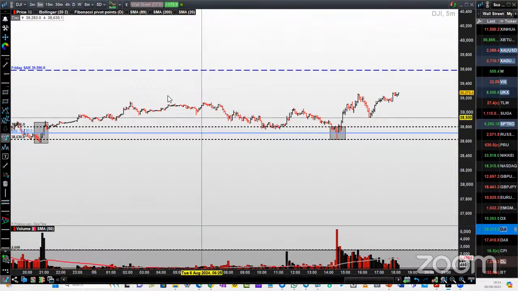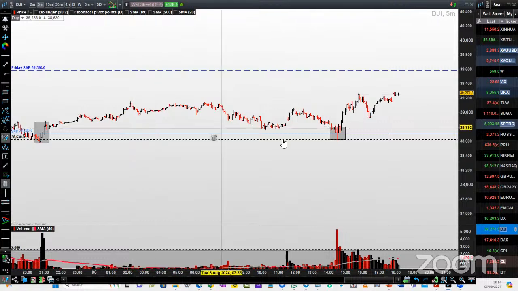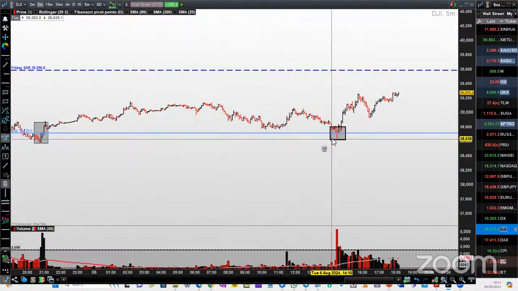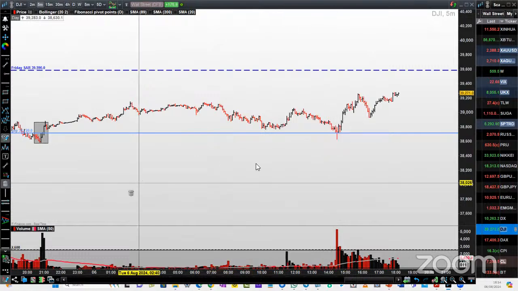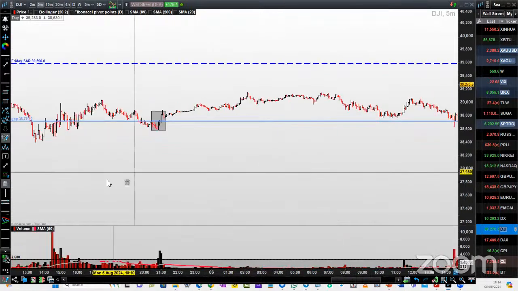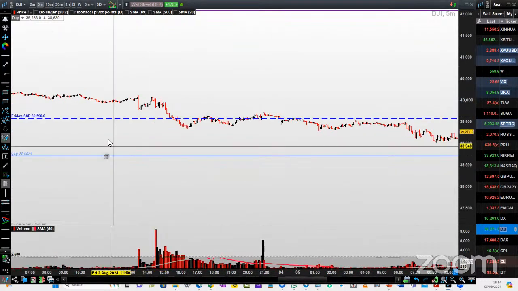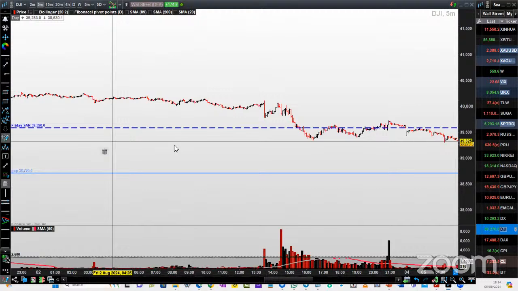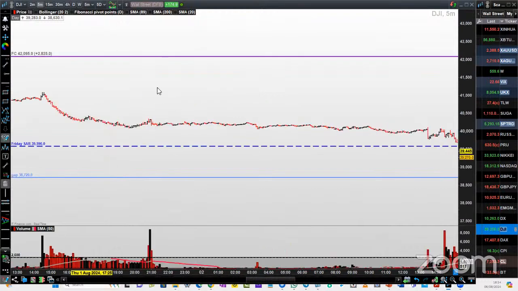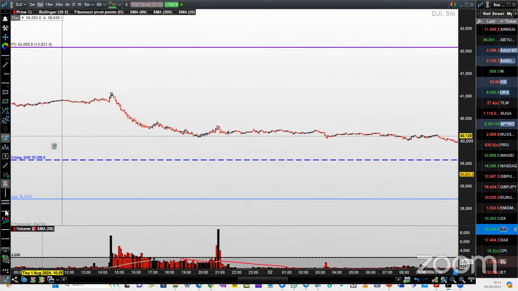If you look back at what happened last week when things were hairy and selling, so this is what happened last week. That's Friday's. Let's look at Thursday's. So here's Thursday. Let me find the open range.